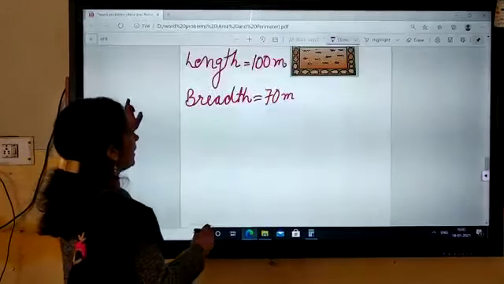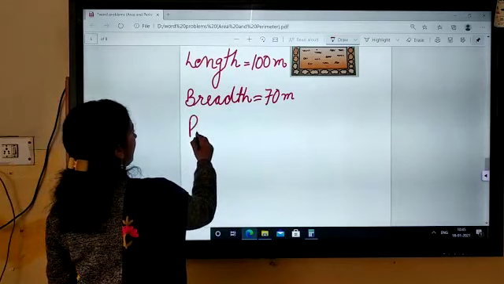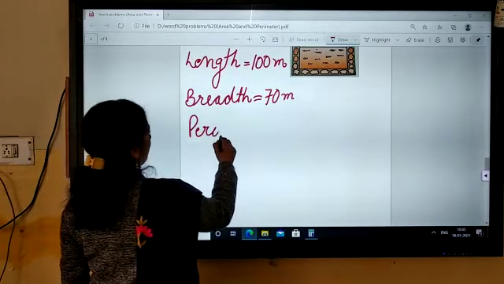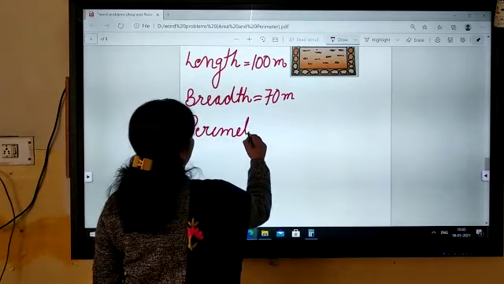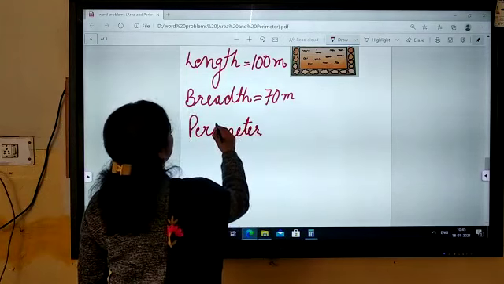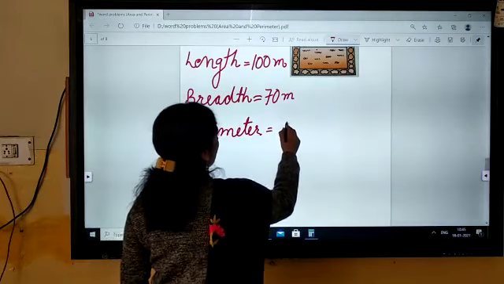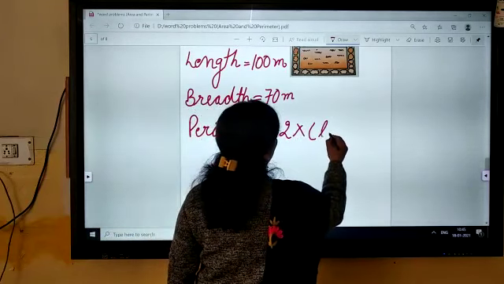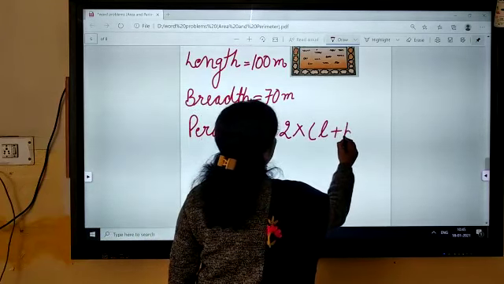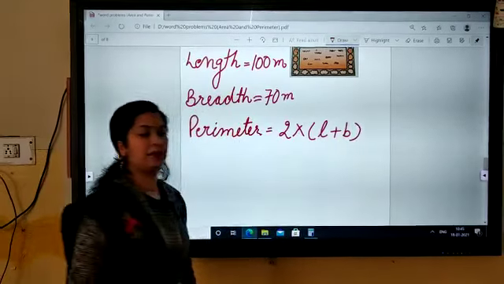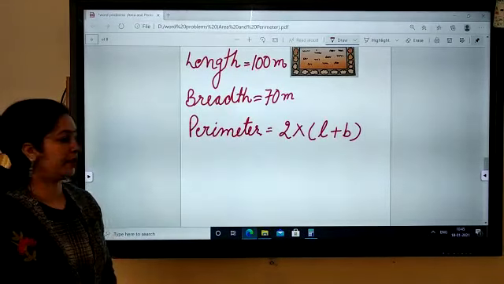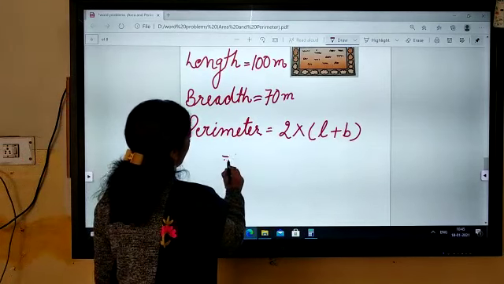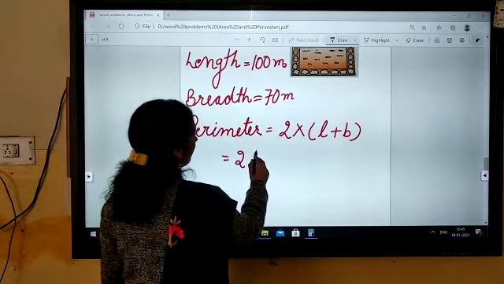Yes, perimeter of a rectangle is 2 into L plus B. L is length and B is breadth. So we will put the values in this formula.